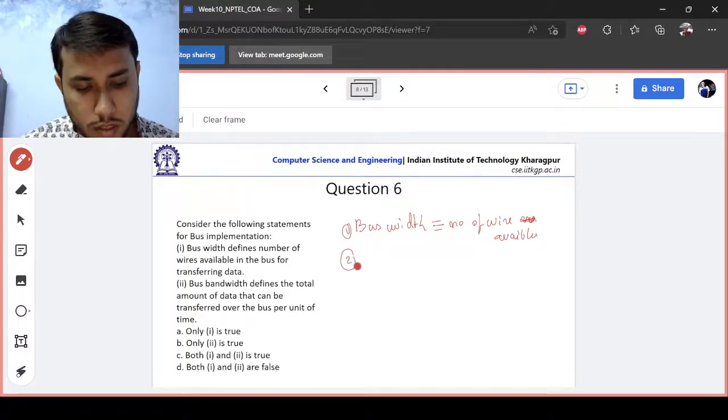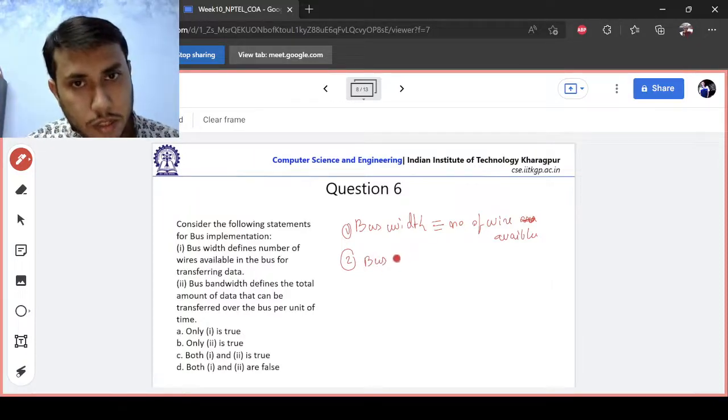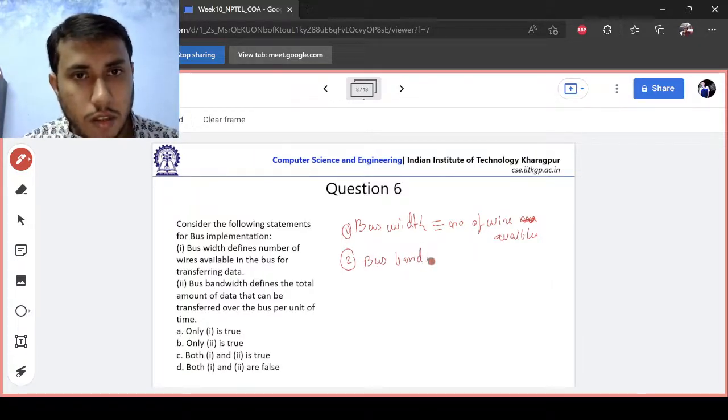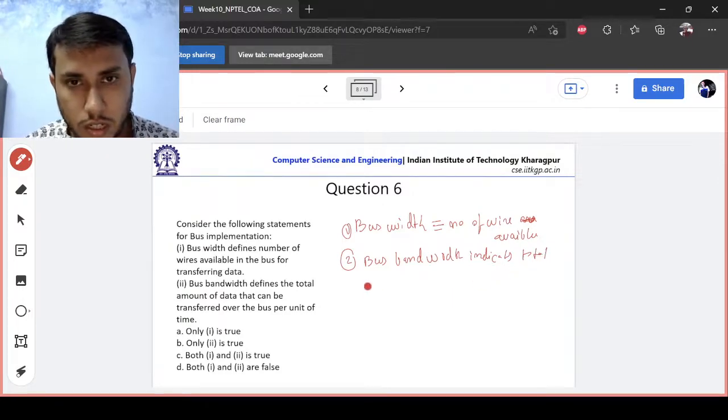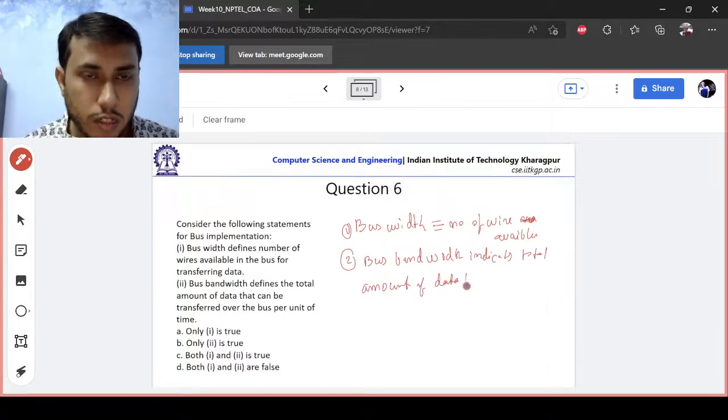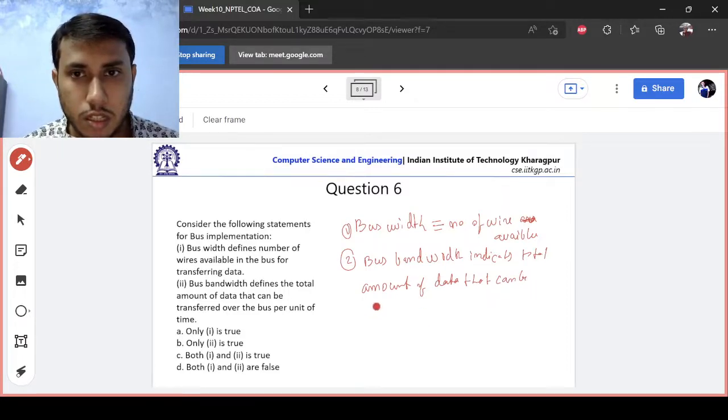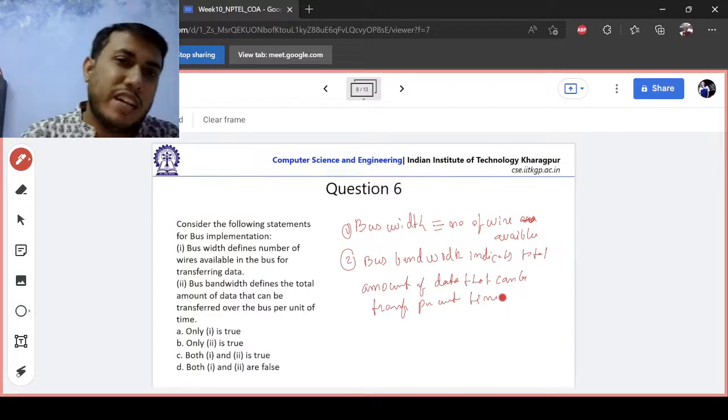Number 2, bus bandwidth indicates the total amount of data that can be transferred per unit time. So these are like very basic things.